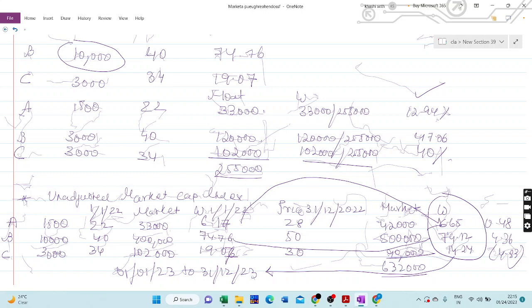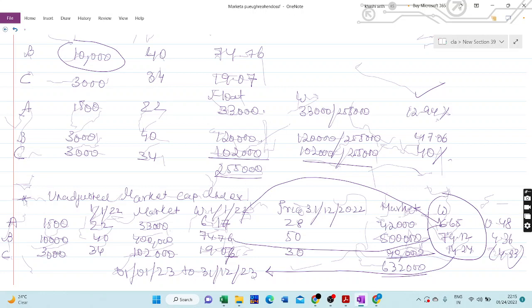And weight of stock C has decreased because its price has decreased. Right, guys? Can we understand this? Guys, is the picture clear?